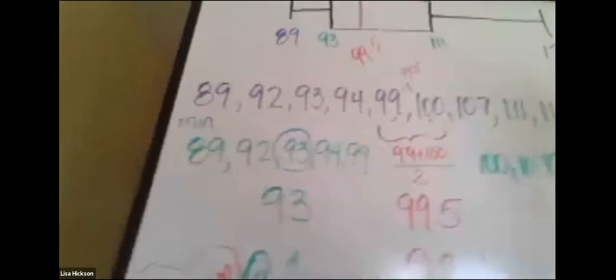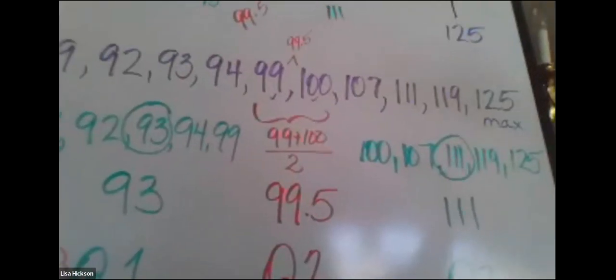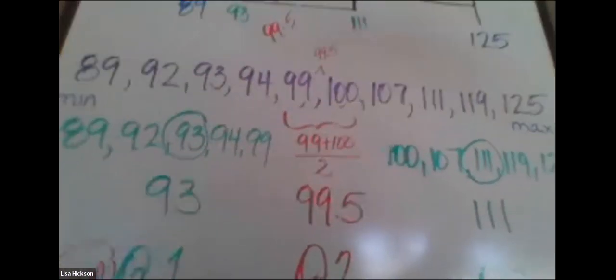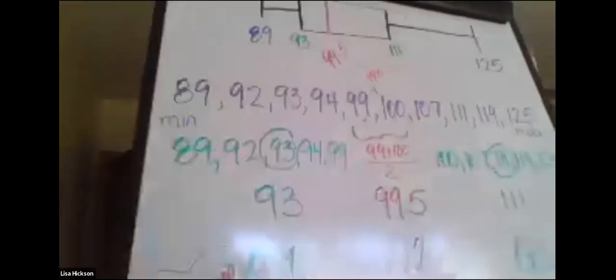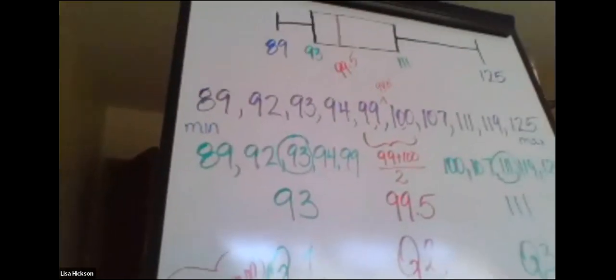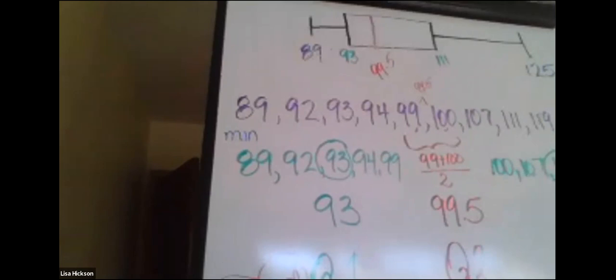Okay, so first, box plot, everybody's cool? You see how we got what we got? Yeah. Cool.